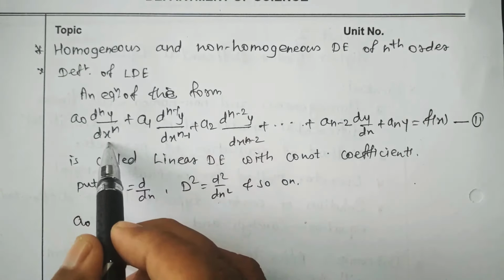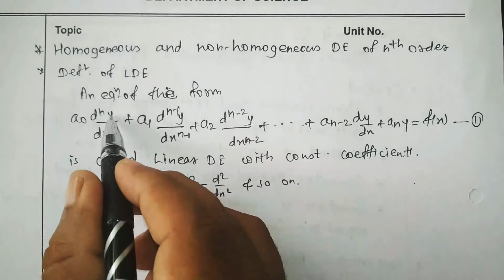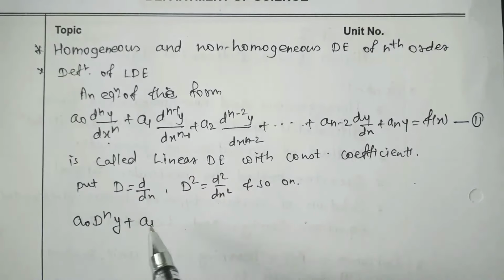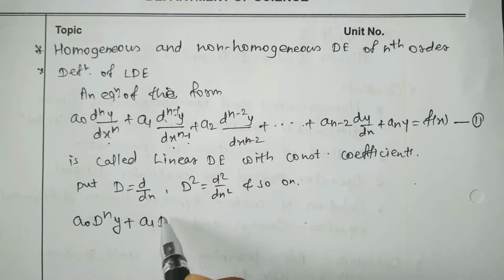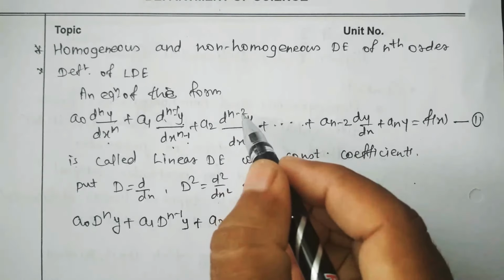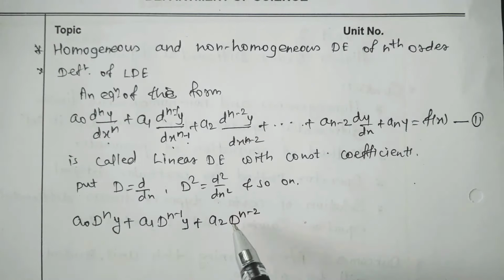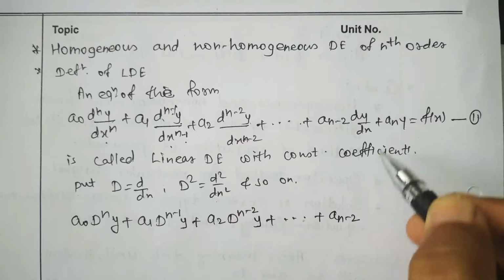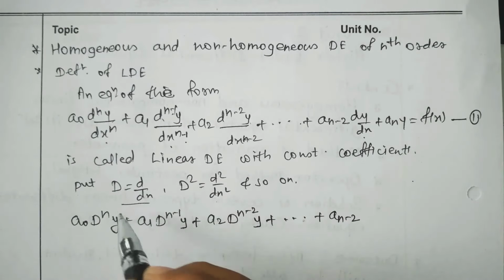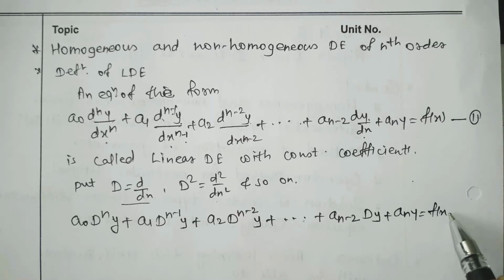Now the value of d^n by dx^n we can write as capital D^n into y as it is, plus a1 into d^(n-1) by dx^(n-1), for that we use capital D^(n-1) into y, plus a2 into d^(n-2) by dx^(n-2), for that we use capital D^(n-2) into y, plus dot dot dot, plus a(n-1) into capital D into y, plus the last term an y is equal to f of x.